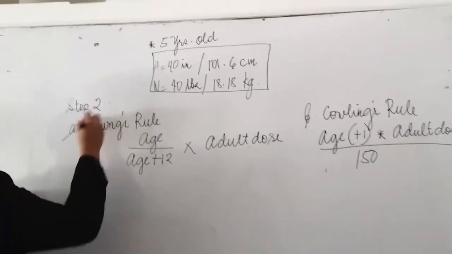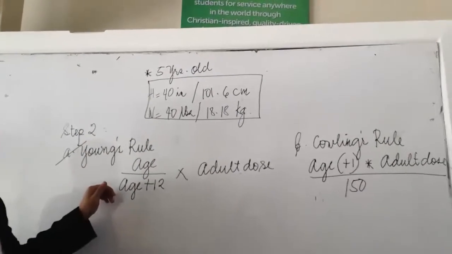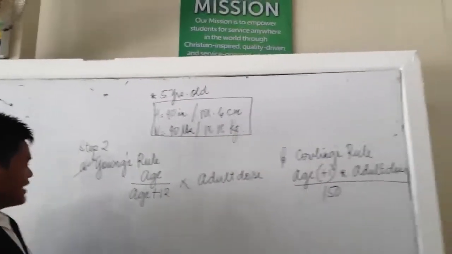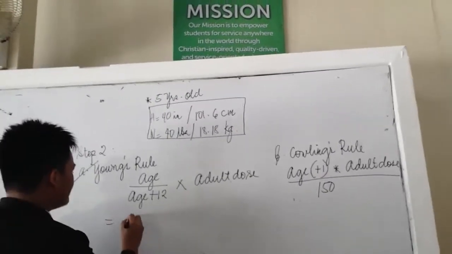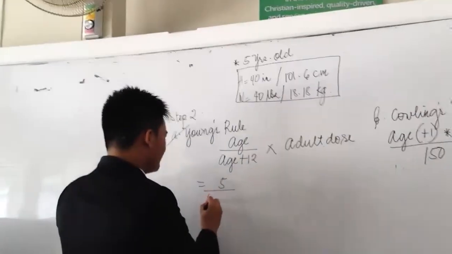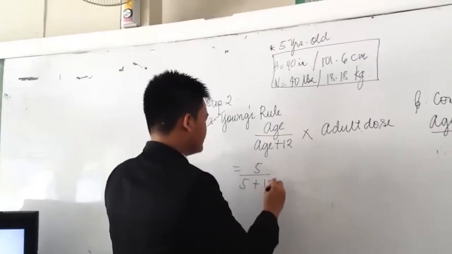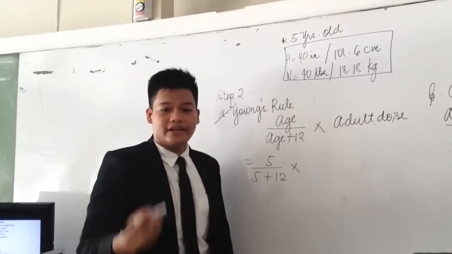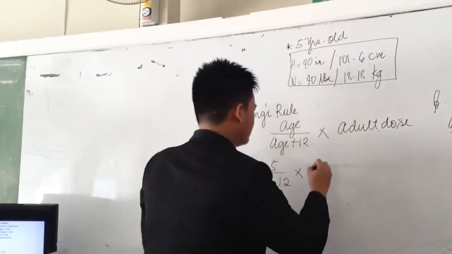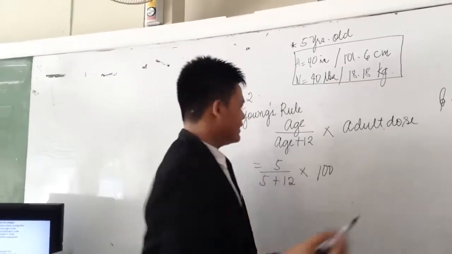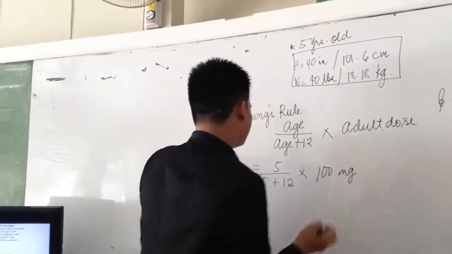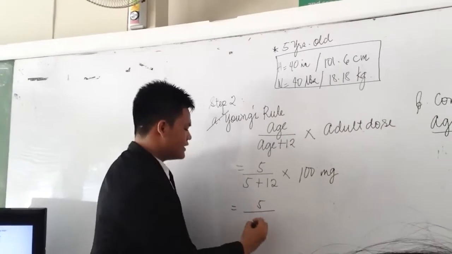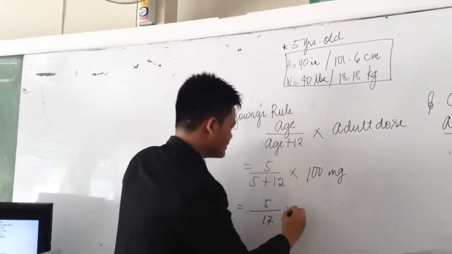Okay, so step 2 is the dose calculation using Young's rule. So this is the first, Young's rule. The formula once again is age divided by age plus 12 times adult dose. So the child's age is 5 years old divided by, again, 5 plus 12 times our adult dose, which, remember, is 100 milligrams. What is needed is the milligram. So let's solve. 5 plus 12 is 17 times 100.